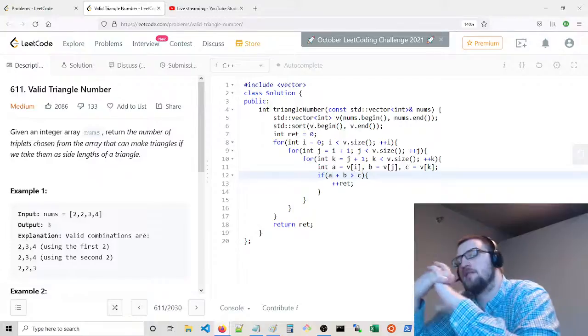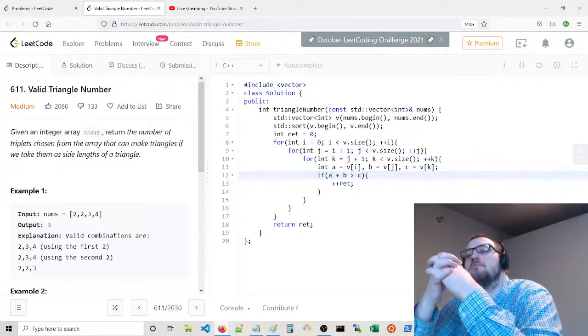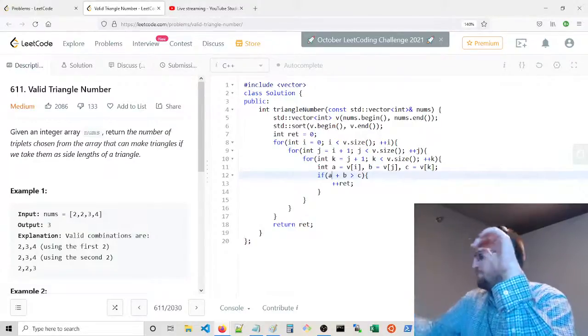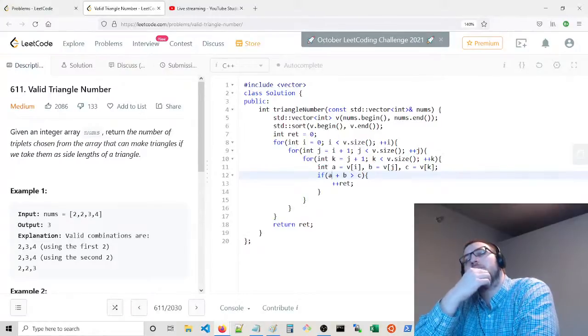Okay. Interesting. Yeah, you could do that in logarithmic time. You could do a binary search, but that's kind of tricky, isn't it?